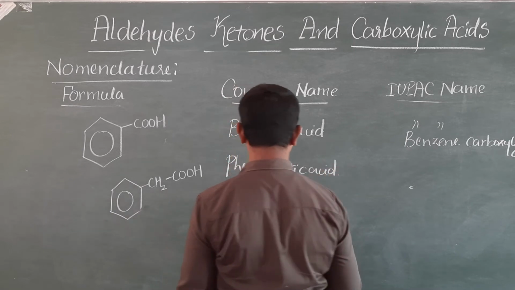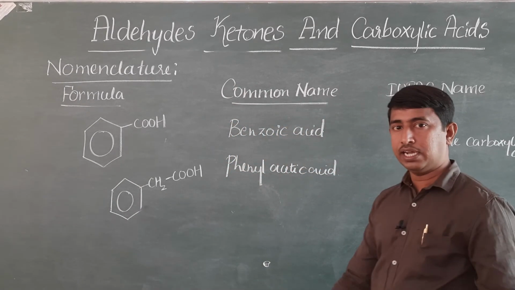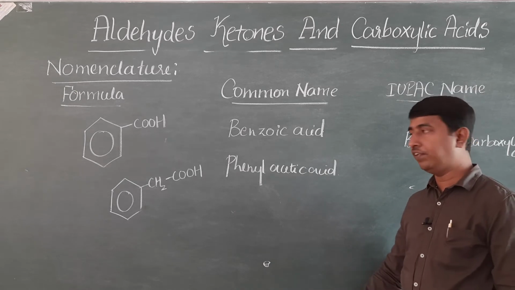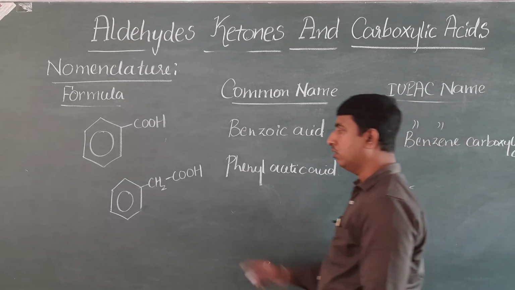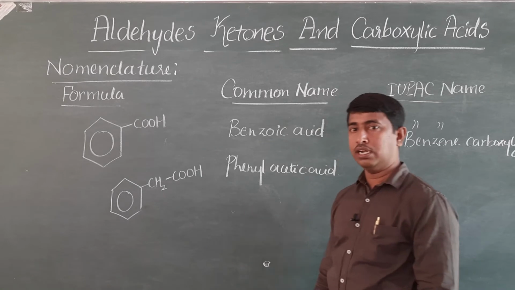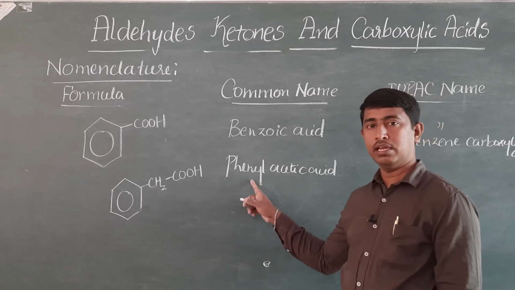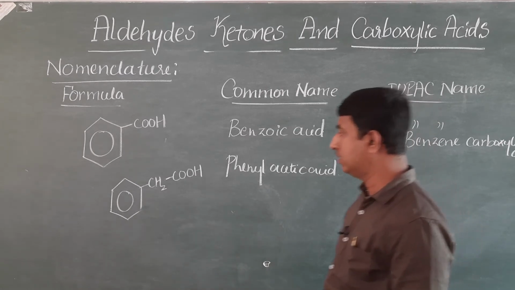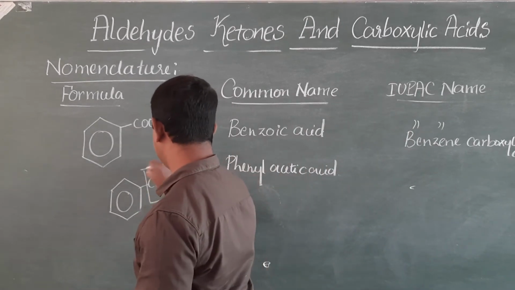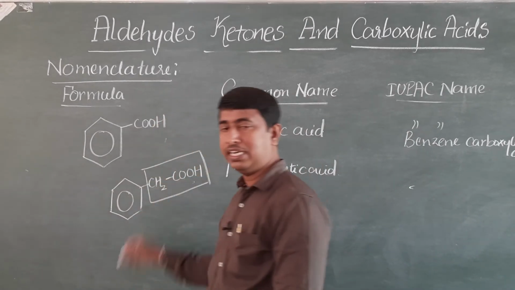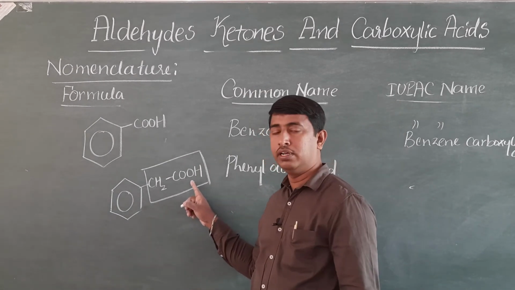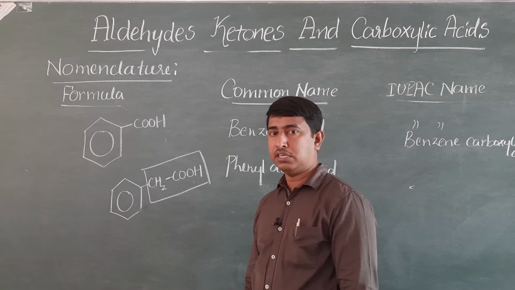Why is it named phenyl acetic acid? Because this compound is a derivative of acetic acid, where one of the hydrogen atoms is replaced by a benzene ring or phenyl group. IUPAC name: see, the side chain is considered the parent chain because it contains one functional group.